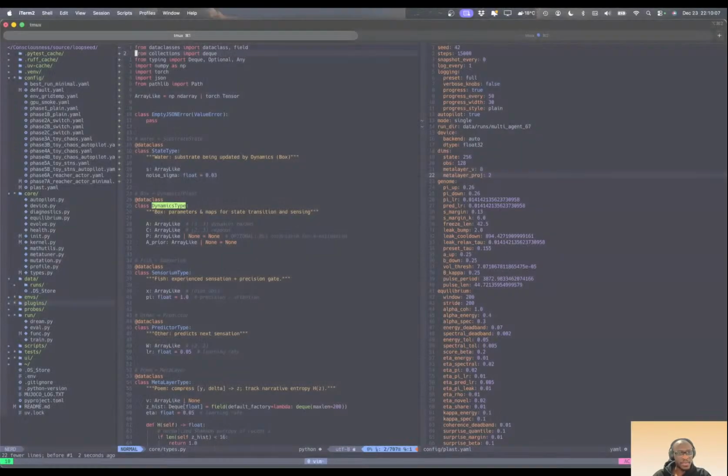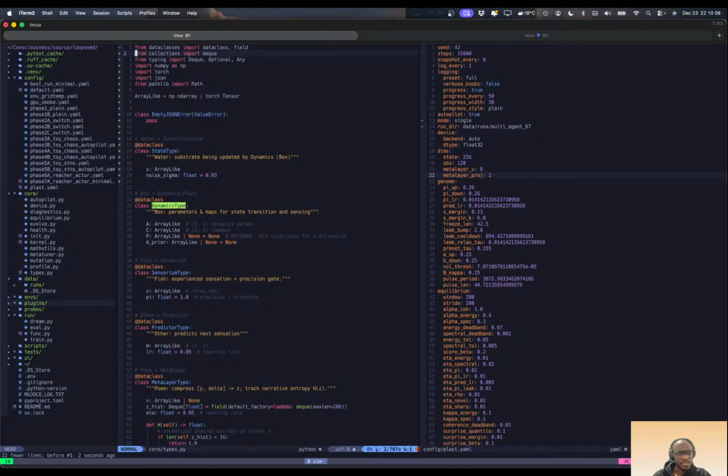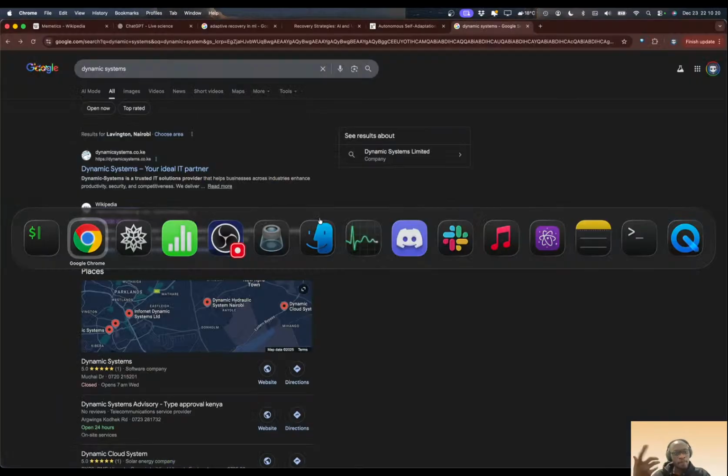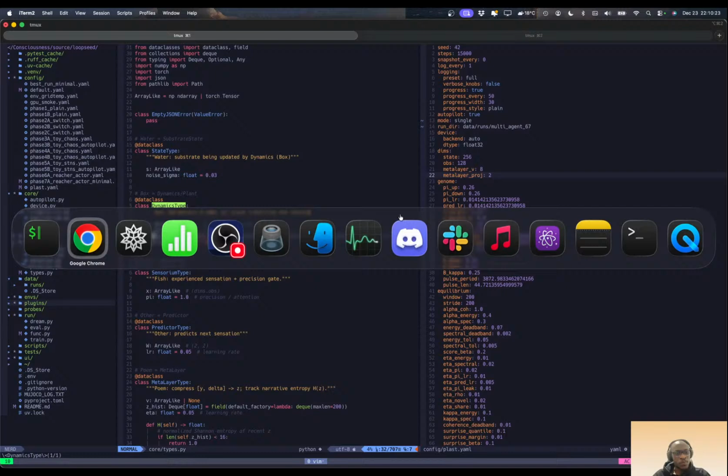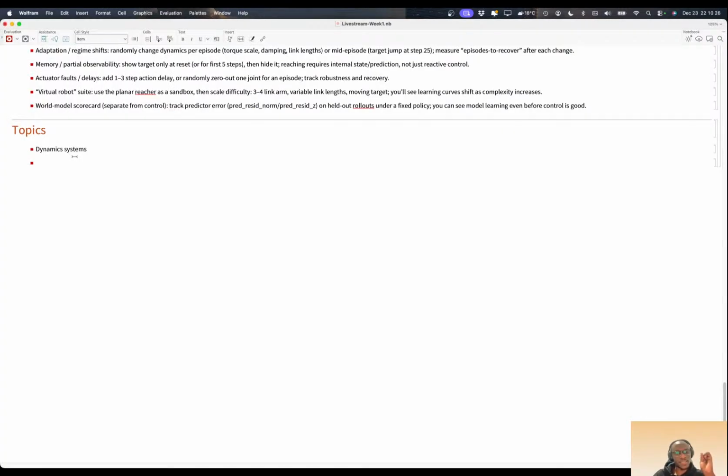What is happening with this? Okay, so dynamics is just the environment, how it changes. We're using the environment to detect dynamics, and this is just one of the ideas we're exploring.